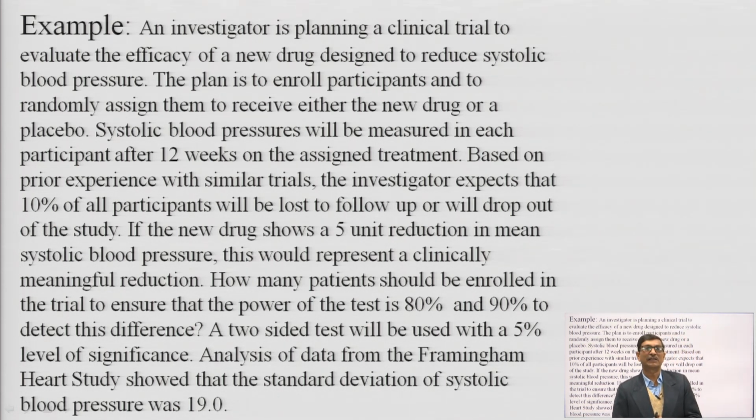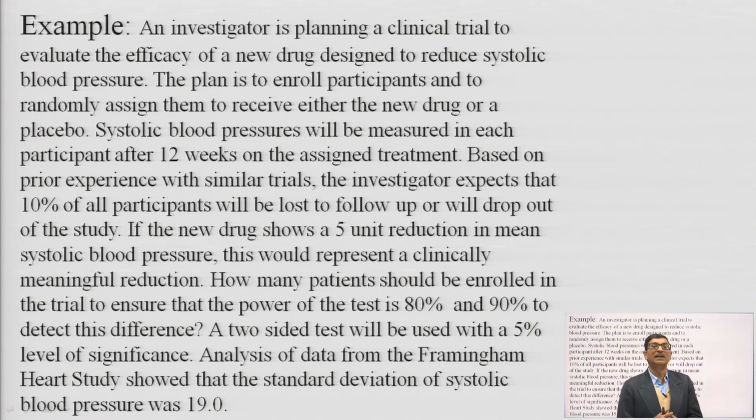The investigator expects that 10% of the proportion will be lost to follow up or will drop out of the study. If the new drug shows a 5 unit reduction in mean systolic blood pressure, this would represent a clinically meaningful reduction.